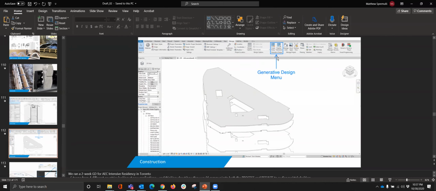Leveraging Refinery via Revit simplifies what you add in terms of parameters and constraints through a simplified UI. But if you want to make the geometry more from scratch and you want more control over your script, my recommendation is to leverage Refinery through Dynamo.